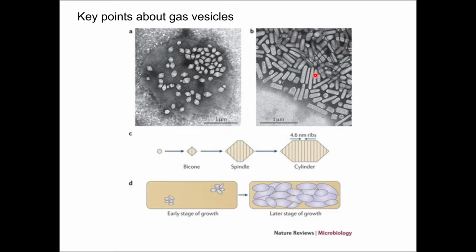Initially they start off as some kind of small nucleated thing, which evolves into a bicone. I thought it said Bitcoin. Which evolves into a spindle, and then it gradually grows into a larger cylinder shape. In the later stages of growth, these can occupy a lot of space in the bacteria, and this just helps it float.